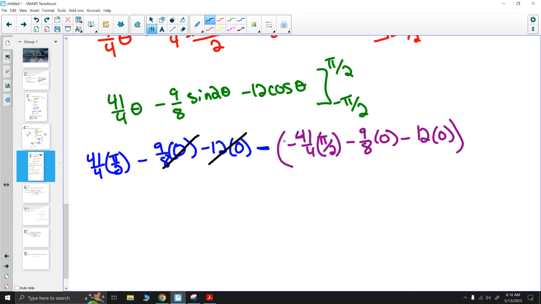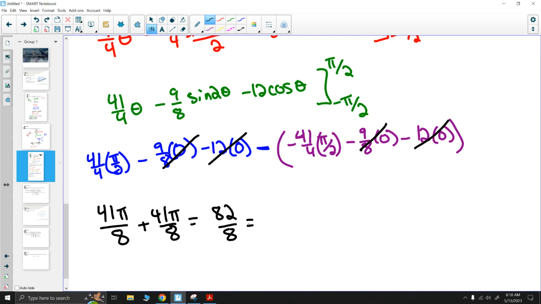Okay, so these don't matter, and we just have 41 pi over 8 plus 41 pi over 8, which is going to be 82 over 8 pi. They're both divisible by 2, so that would be 41 over 4 pi.